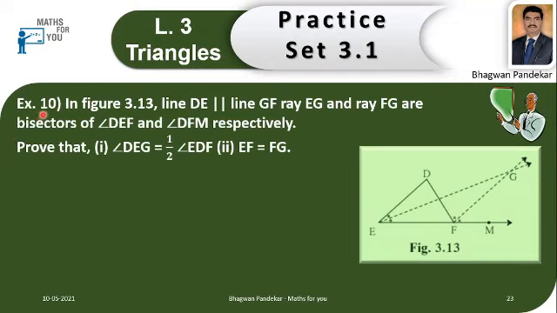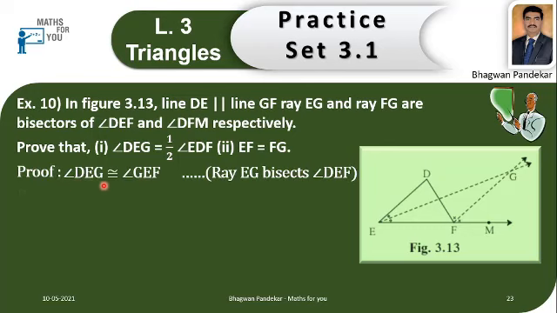Example number 10. Alongside in the figure 3.13, line DE parallel line GF, ray EG and ray FG are the bisector of angle DEF and angle DFM respectively. Prove that first, angle DEG is equal to 1 upon 2 into angle EDF and second, EF is equal to FG. Observing this figure, we can write the proof.